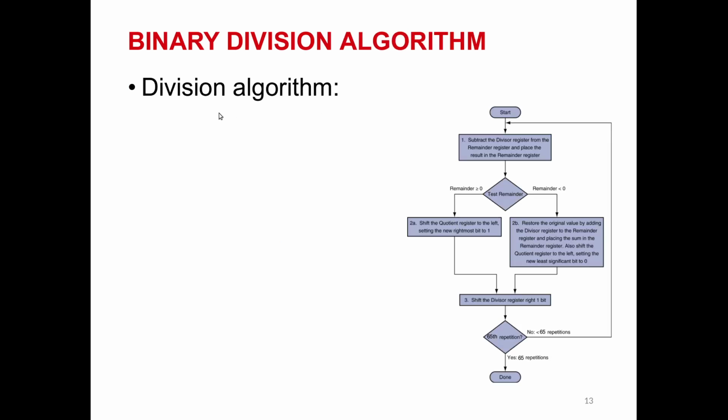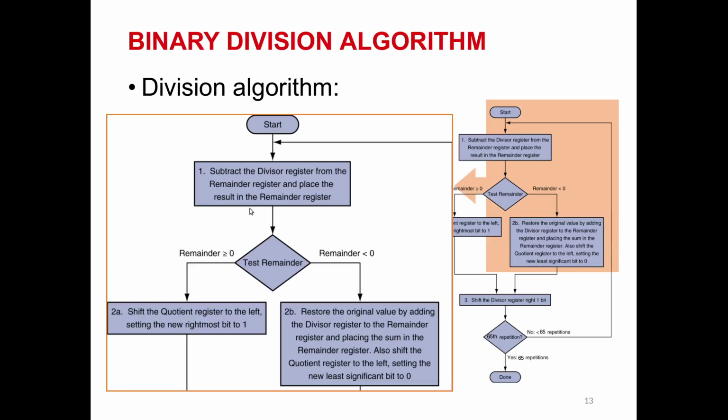And about the division algorithm, at the start point, you prepare the quotient as 0, and you need to subtract the divisor register from the remainder register and place the result in the remainder register, and then you test the remainder.